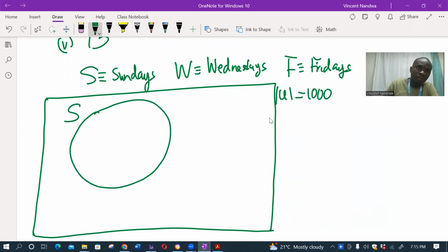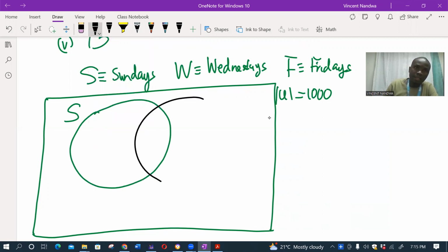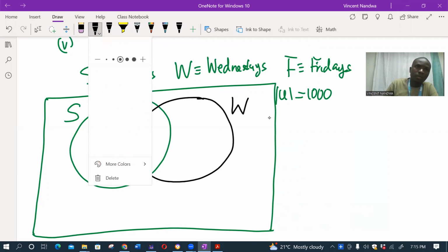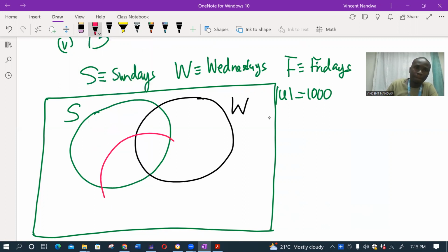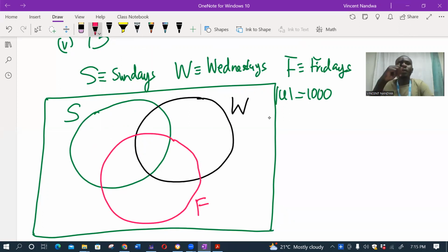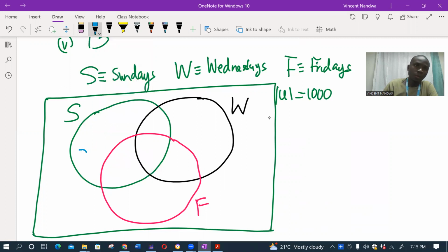Let this be the set representing Sundays. Let this represent Wednesday. Let this represent Friday. Without loss of generality, let's partition these parts with some names: A, B, C, D, E, F, G, and H.